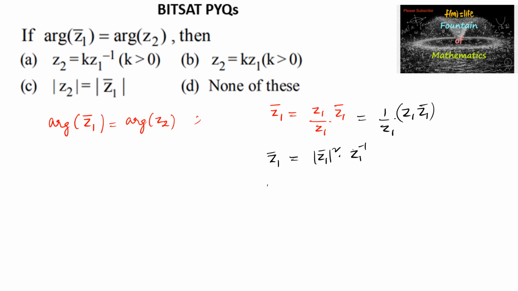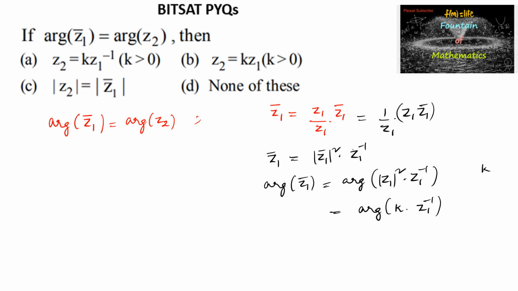Now apply argument for this. Argument of z1 bar is equal to argument of mod z1 square into z1 inverse. So it is something like argument of some constant k into z1 inverse, where k is positive we can consider.